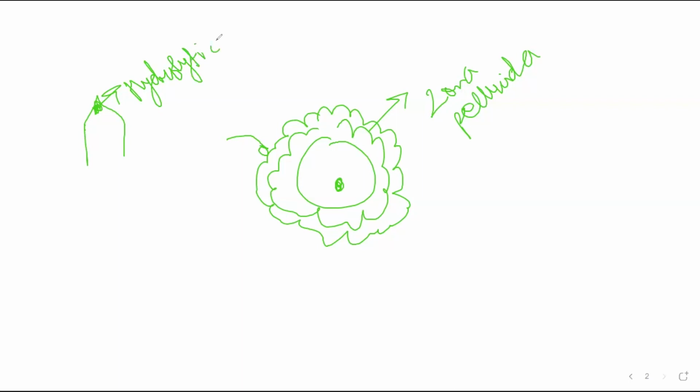So hydrolytic enzymes are present in the region of the acrosome, and the acrosome is present in the head region of the sperm. Once the sperm reaches this region, it penetrates the zona pellucida across the membrane and liberates its gamete inside. Now, I think this is clear, right?